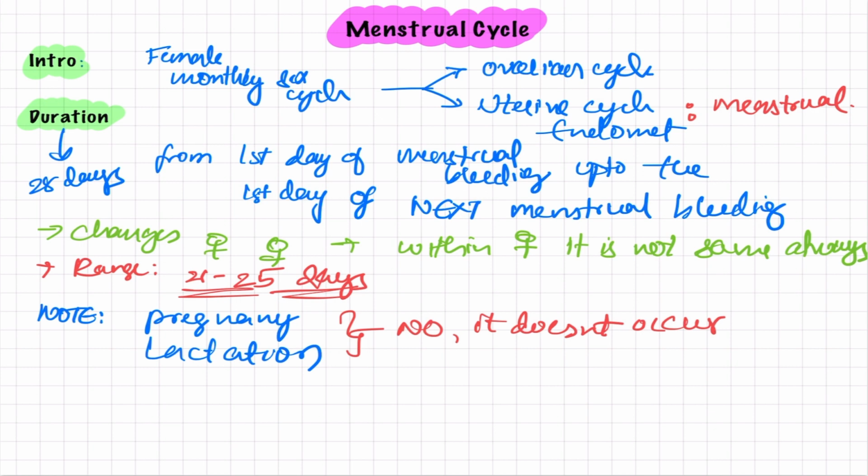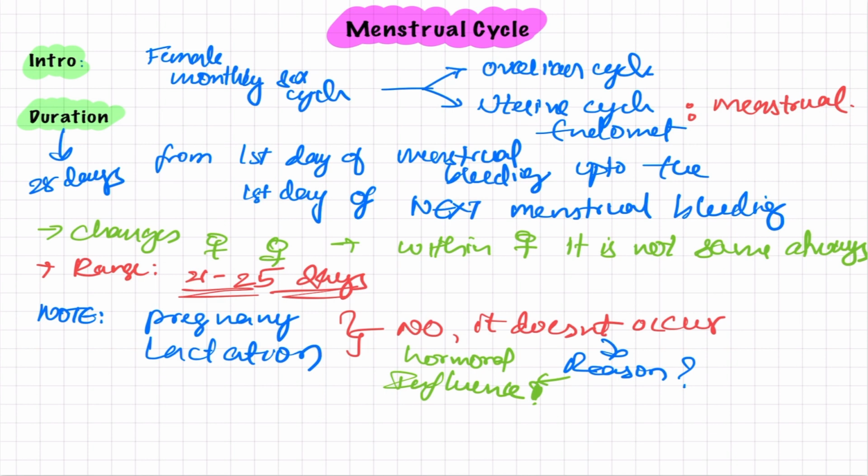Some examiners go one step further and ask, what is the reason behind it? So your answer must be the hormonal influence. Okay, so due to the hormonal influences during pregnancy and lactation, the menstrual cycle is paused, stopped, ceased. So this must be your answer.